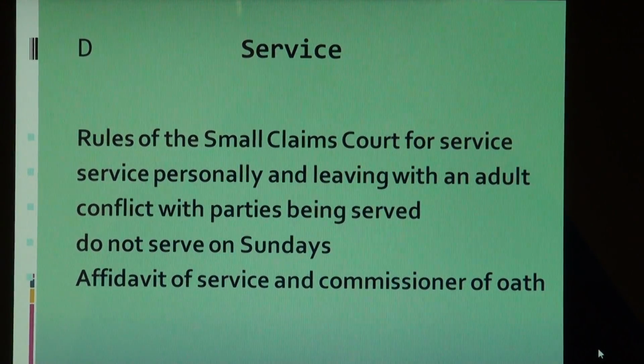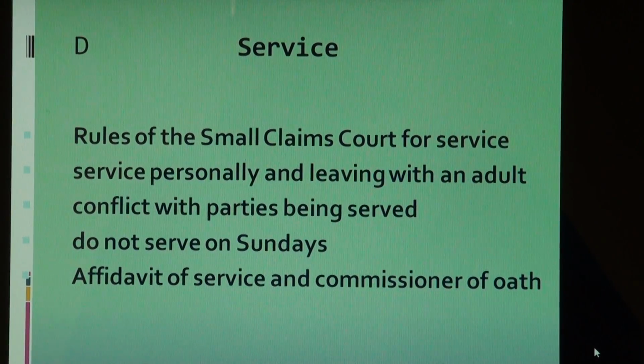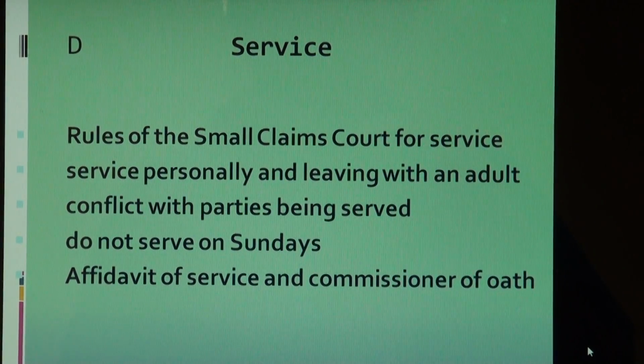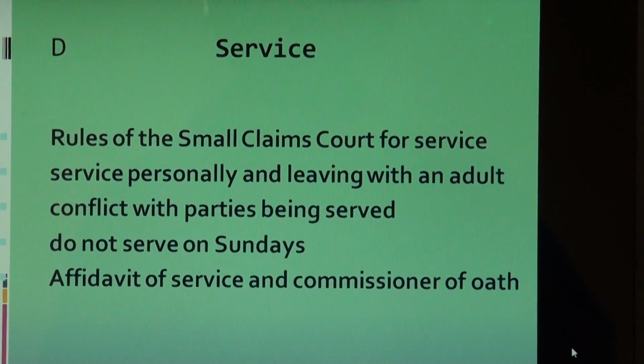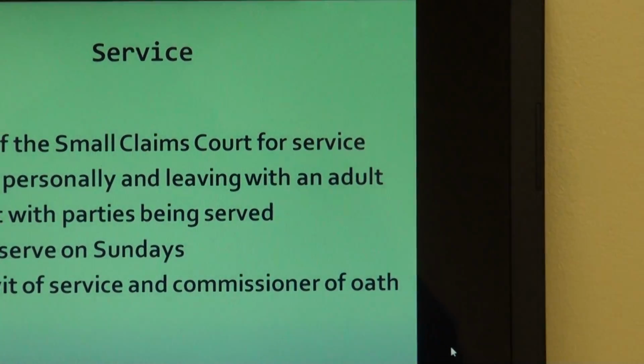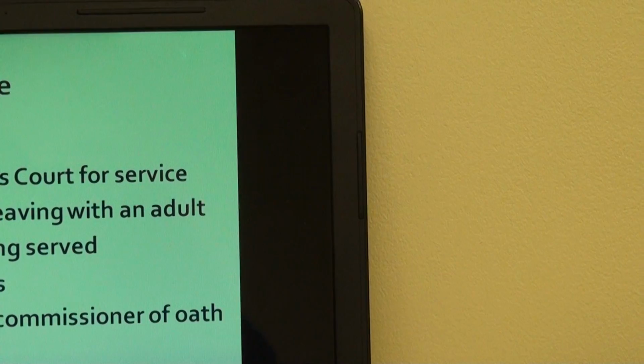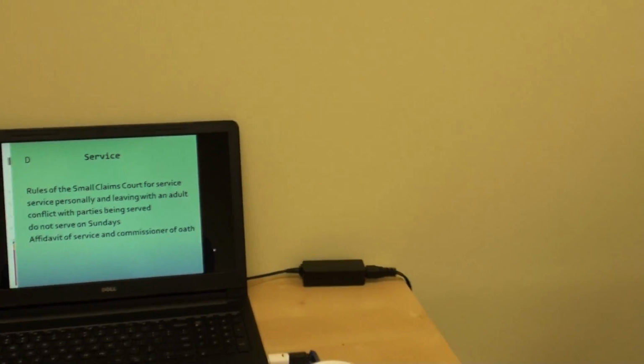And then in that court, you ask the court clerk to issue it. You take an extra copy and the court clerk gives it a number, and then you have a copy of the claim with a number on it and a seal of the court to confirm that the claim has been issued.